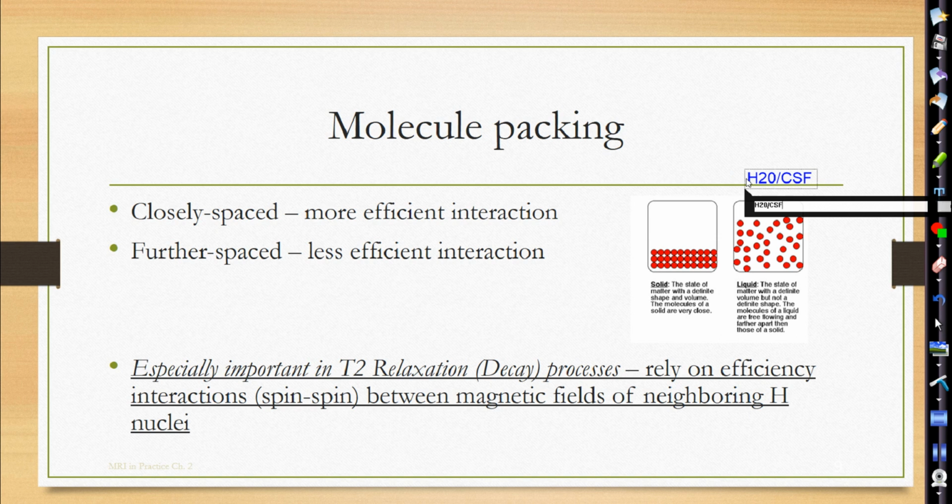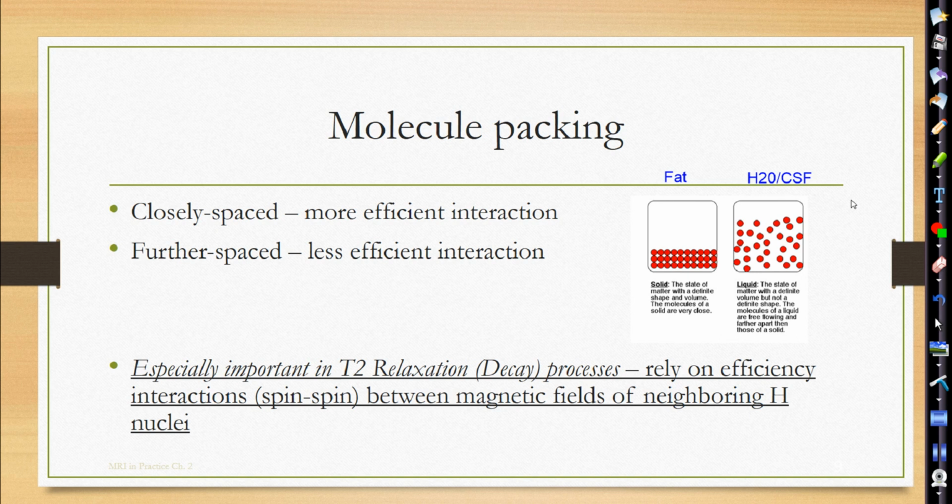They don't interact as much as if we had a beaker and we just plopped a lump of fat in there, did a little liposuction and put it in that beaker. Those molecules are a solid. They aren't free-flowing, they're right next to each other. So when they're closely spaced, as in fat, there's more efficient interaction.